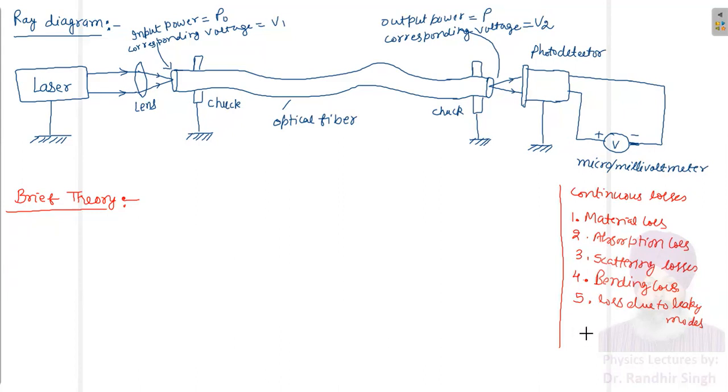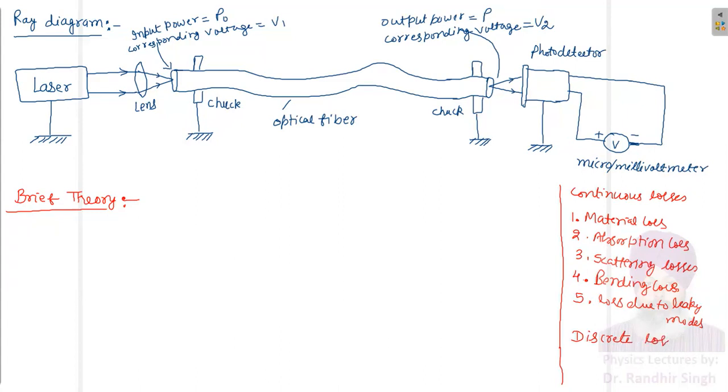In addition to these continuous losses, if we are using some joints between different fibers to elongate the length of the optical fiber, then there are discrete or discontinuous losses also. We are not evaluating these because I will concentrate on a single piece of optical fiber.